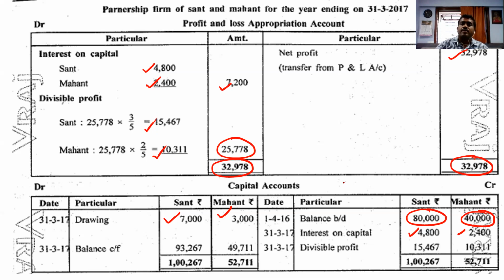Transfer it by dividing the profit. Make the total now. The same total comes here also. Then we are left with the balance, that is 93,267 and 49,711.